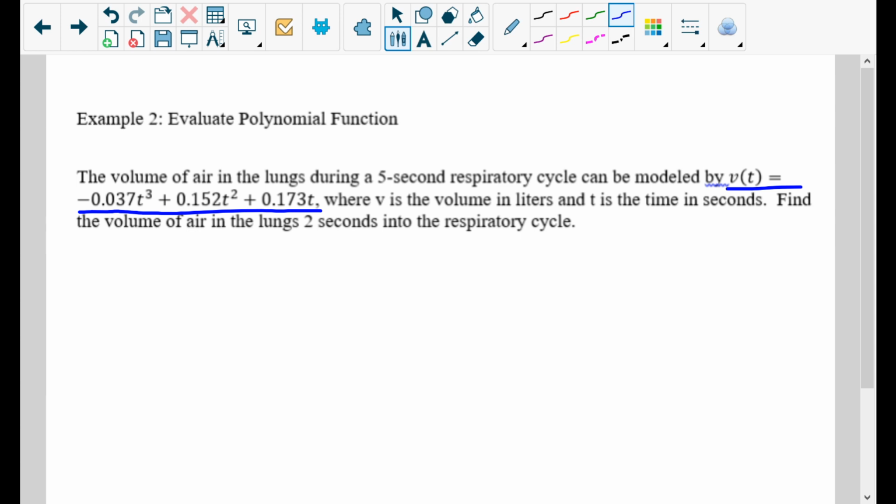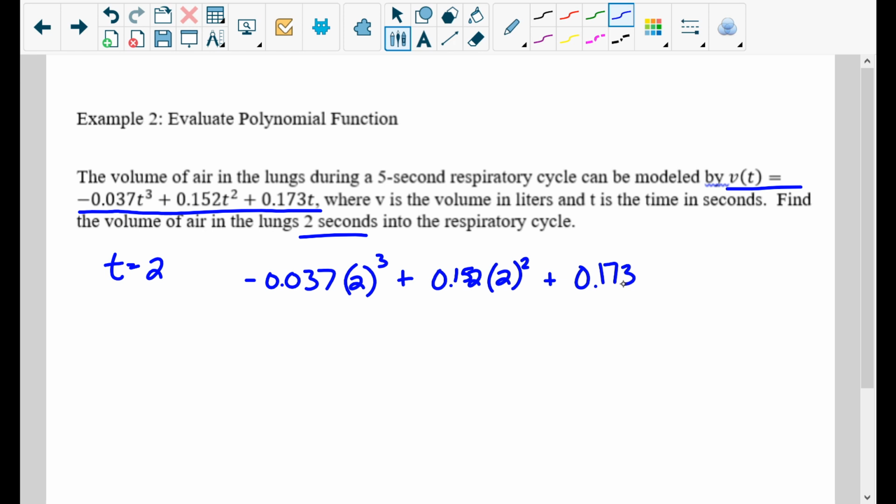Well, we're looking for 2 seconds. That's our t. What happens when t is equal to 2? We're just going to plug 2 in here for t. So we have negative 0.037 times 2 to the third, plus 0.152 times 2 squared, plus 0.173 times 2.